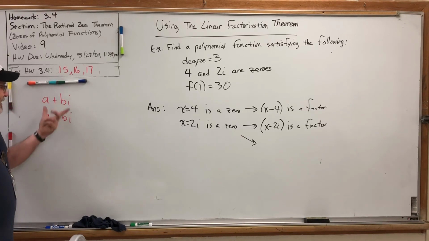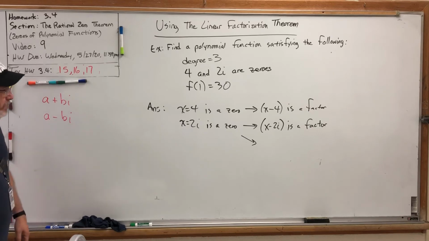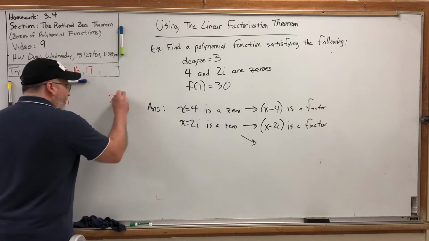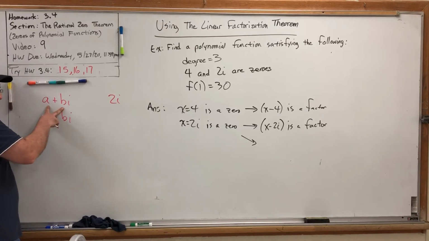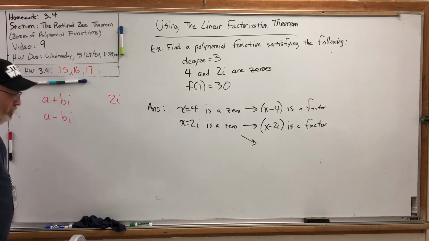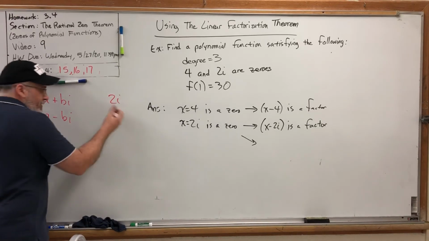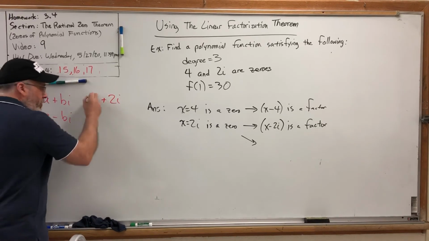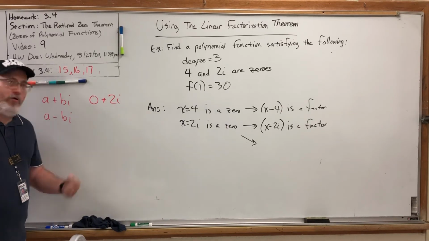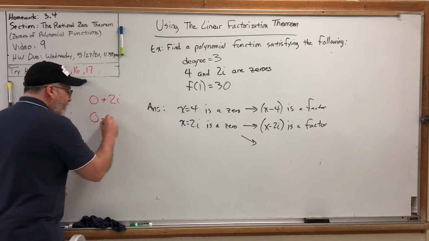So how does that pertain here? Well, 2i doesn't look like it has this form, but it does. Remember, every number is a complex number, even this guy, because its real part is 0. So if 0 plus 2i is a 0 of the function, then so is 0 minus 2i.